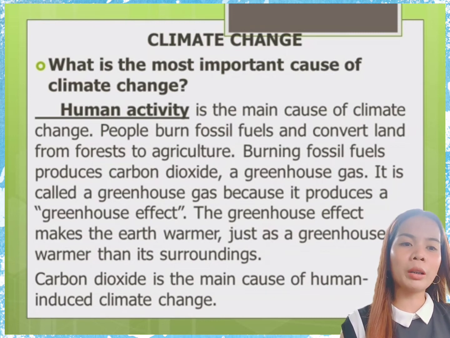It is called a greenhouse gas because it produces a greenhouse effect. The greenhouse effect makes the earth warmer, just as a greenhouse is warmer than its surroundings. So carbon dioxide is the main cause of human-induced climate change.